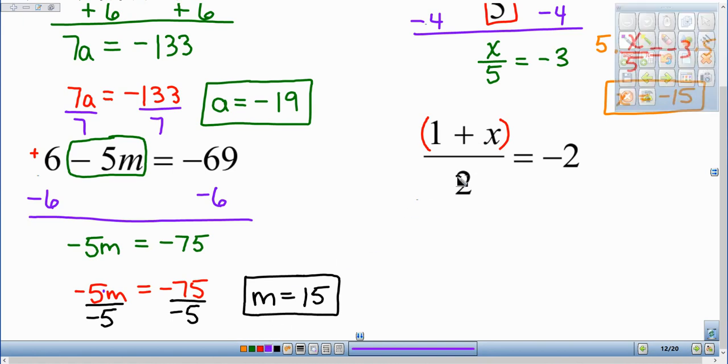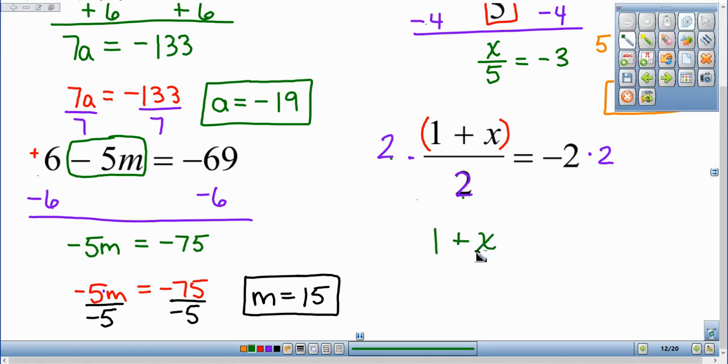So we are going to get rid of this division right here, divide by 2, by using multiplication. Multiply that side by 2, multiply this side by 2. This 2 and this 2 will cancel out, and we'll be left with 1 plus x. On the right side, you're going to get 2 times negative 2, which is negative 4.